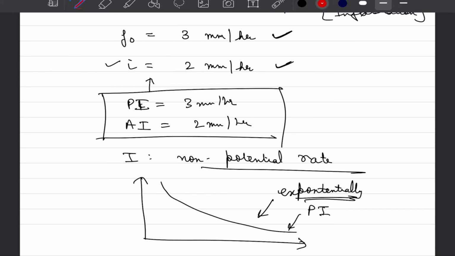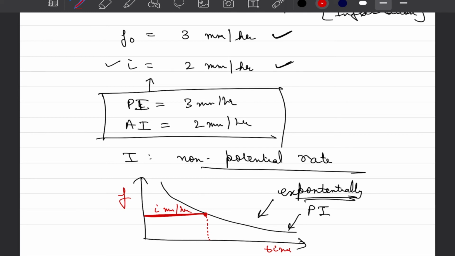If actual precipitation is happening at a constant rate of I mm per hour, and this is F, the rate of infiltration, and this is time, you can clearly see that until this potential infiltration curve and this constant rate precipitation line intersect each other, infiltration is going to happen at the reduced rate, or whatever is the rate prescribed by the precipitation occurrence.